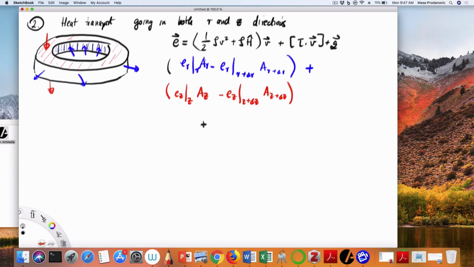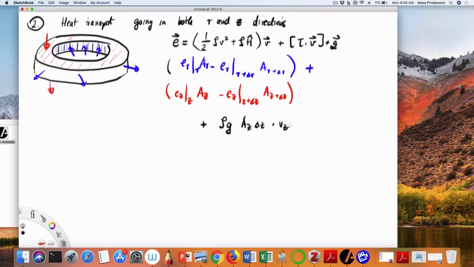And plus I have work done by external forces. In this case, it's gravity. And then volume A_r, A_z delta z, right? Why is there gravity? Is the fluid flowing downward? Yes, the long way is vertical.